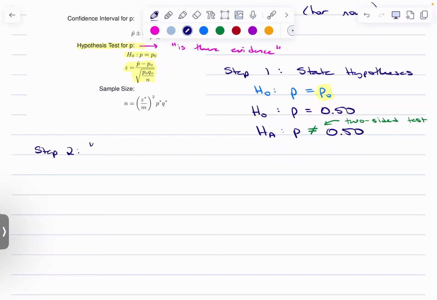Step 2, I call it do the test. Technically, it's calculate the test statistic.